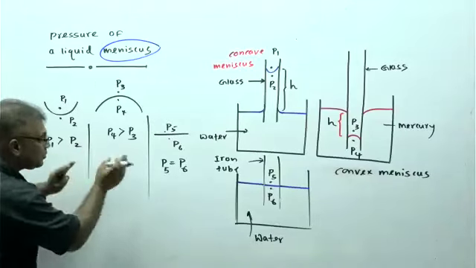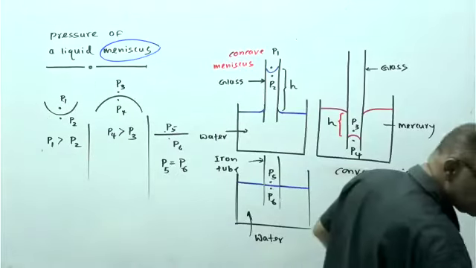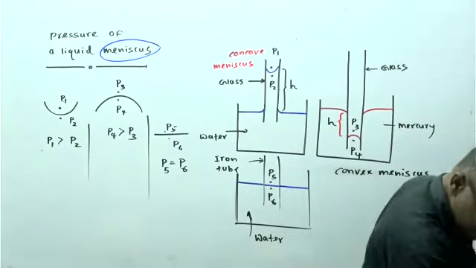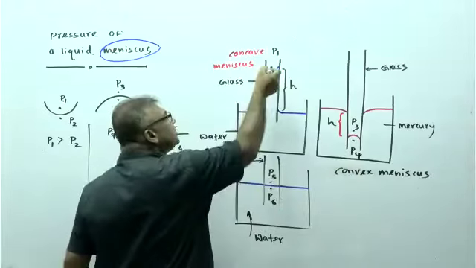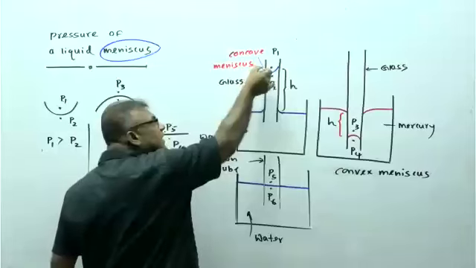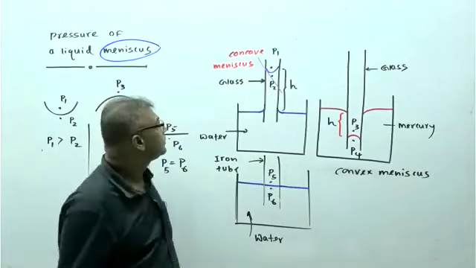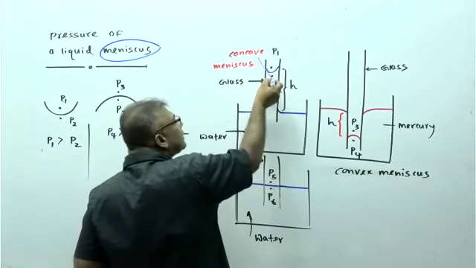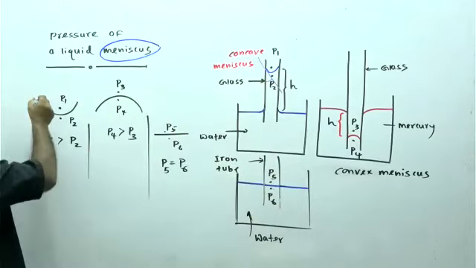Right? Let me add a small story to this. When we draw the tangential line to the point at which the meniscus contacts the tube like this, right, there is this minor angle on this side. Let me mark it for you.